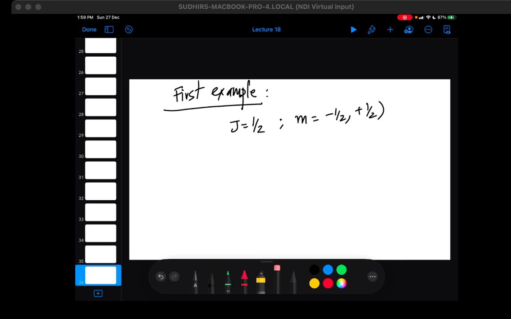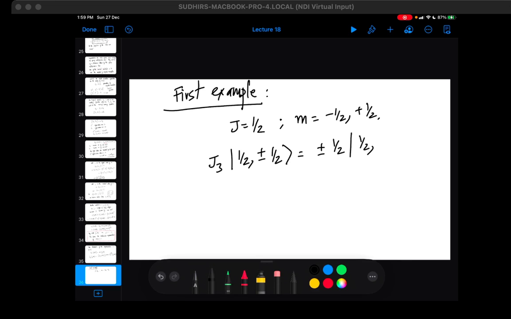That's all it is. So j3 acting on half, plus minus half gives me plus minus half times half, plus minus half.